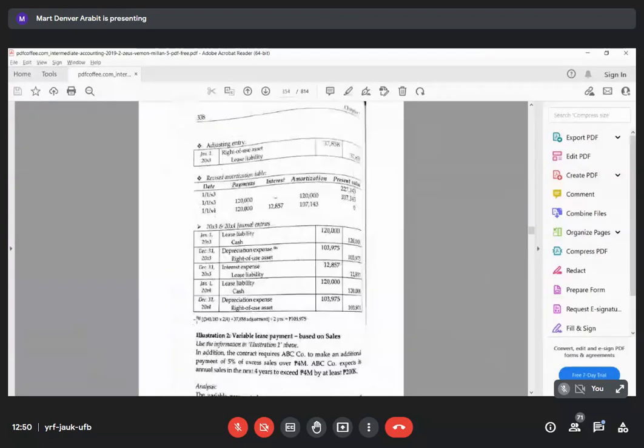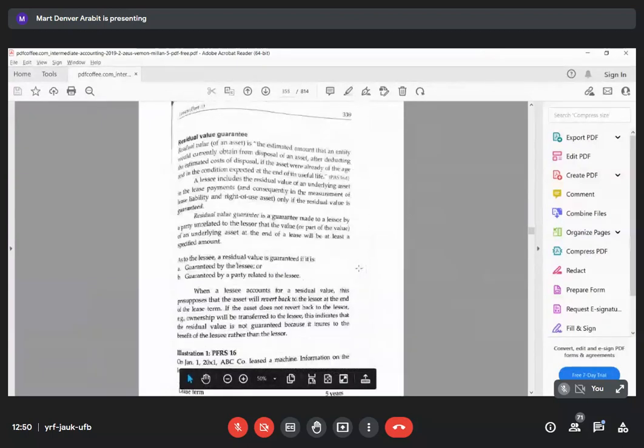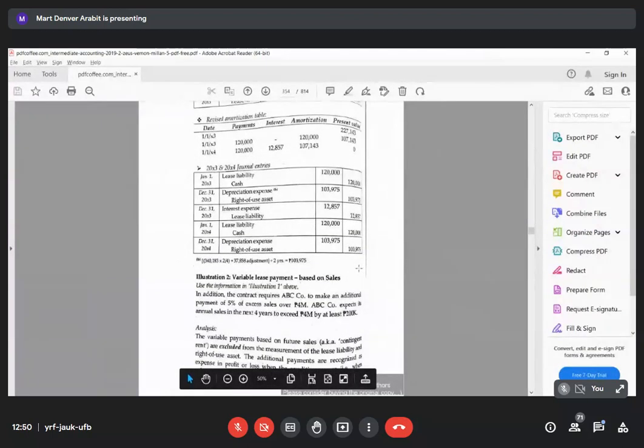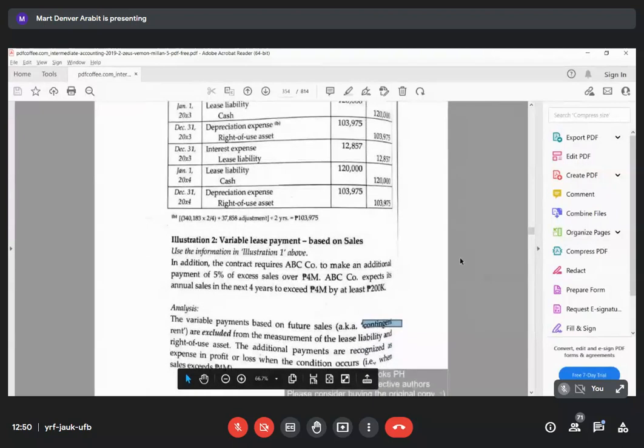Okay, yes. So this is based on sales, which has no conditional changes assigned at commencement date. So that's why the variable payments based on this future sale, which is aka contingent rent, are excluded from the measurement of the lease liability and ROU.